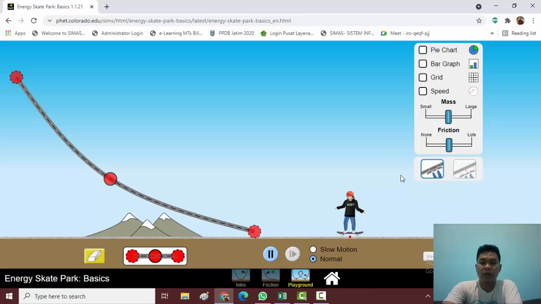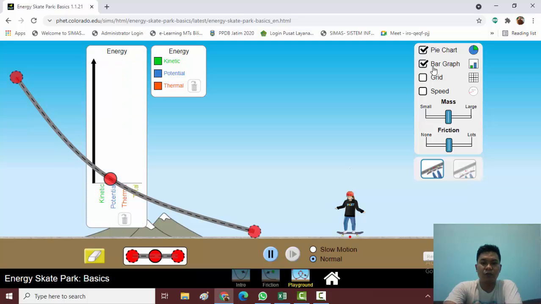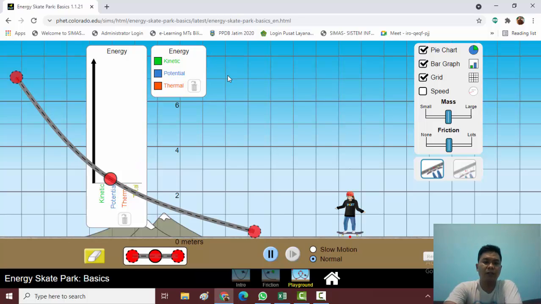On the right side there are pie charts and a bar graph to show the condition of energy. The grid shows the measurement of the height of position, and speed, the velocity of the object.